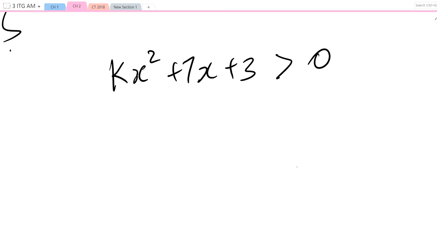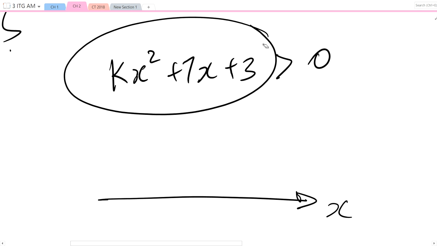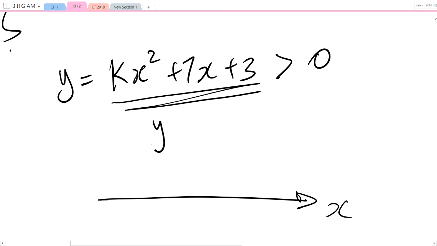Yes. Okay. Now I draw my x-axis. Now I would like to express this as y equals this expression. For this expression to always be greater than 0, I am saying that y is greater than 0. Does that make sense? Yes.